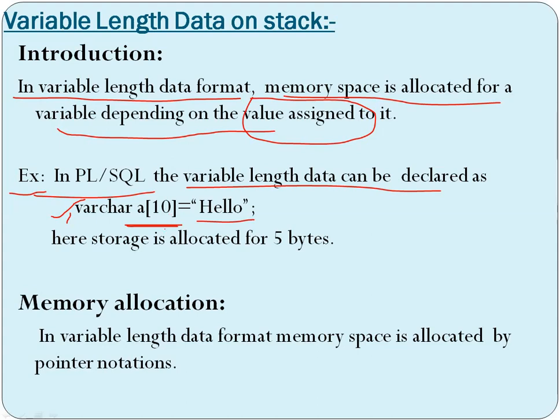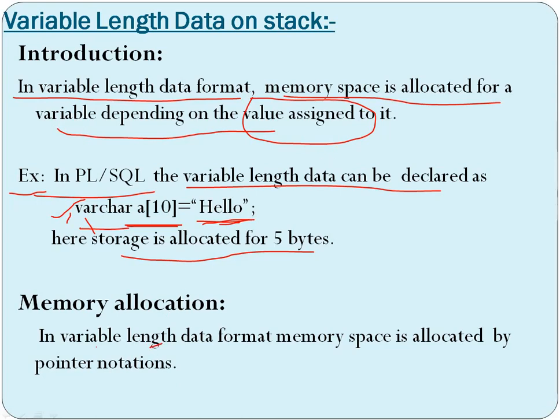Its size is usually 10, but when I store the string hello of 5 characters, storage is allocated only for 5 bytes, not 10 bytes, because it is a variable length data type. So the maximum size is 10, but the actual size depends on the value being assigned. The value contains only 5 characters, so memory is allocated only for 5 bytes.